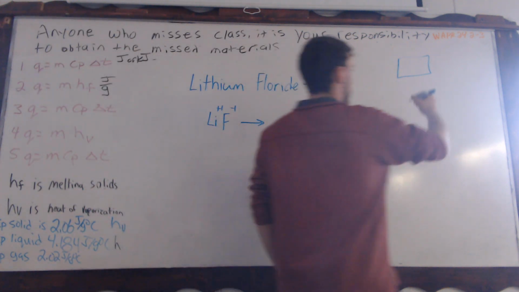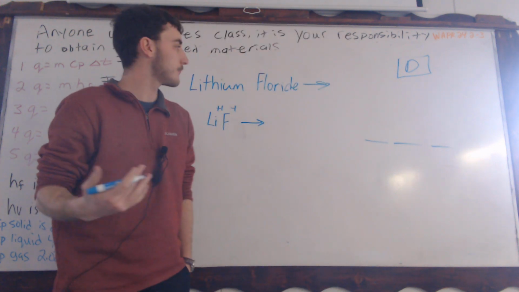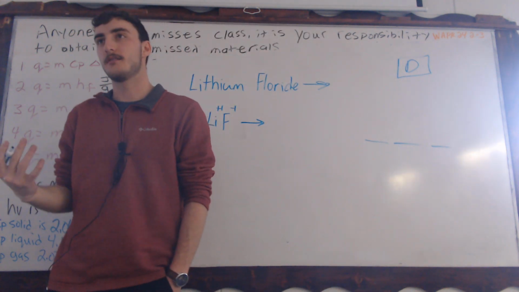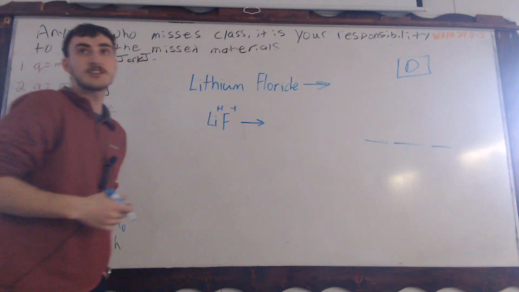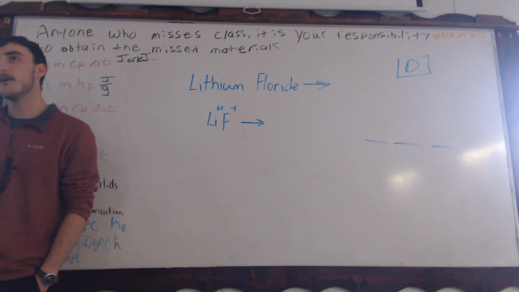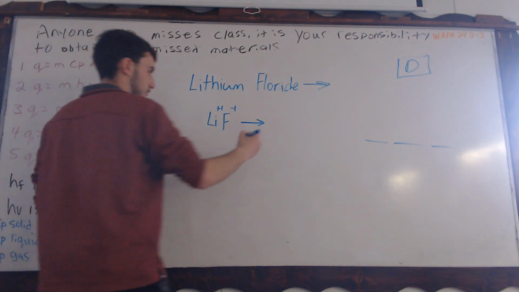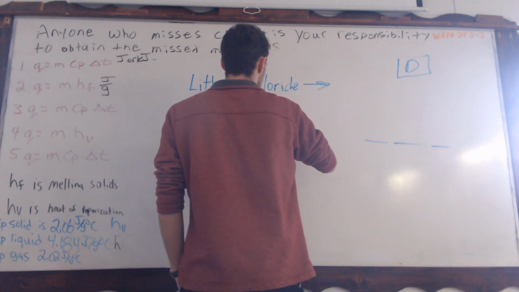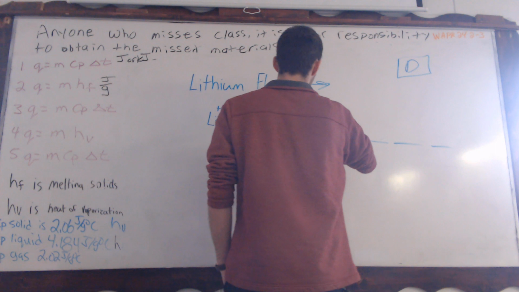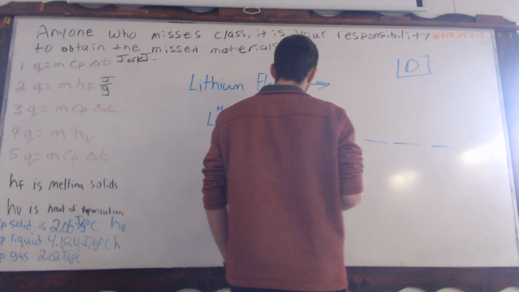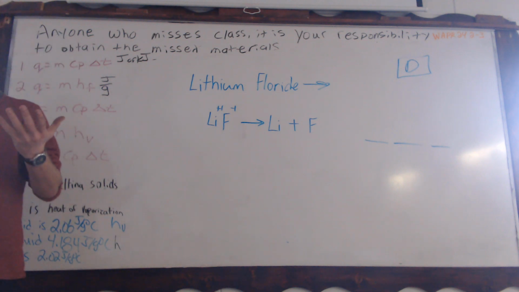And we can put a D in this box, meaning decomposition. Or you can spell out the entire thing, decomposition, just sound out the word. What does decomposition mean to you? To break down. Yep. So now, on the other side, we're going to have the 2 parts by themselves, broken down. So we have lithium and fluorine broken down into their 2 components.